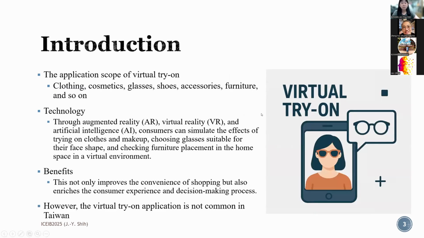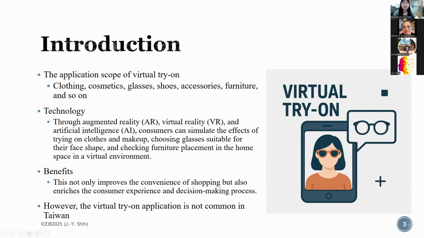And nowadays, we know that the application scope of virtual try-ons covers clothing, cosmetics, glasses, shoes, accessories, furniture, and so on. So its application scope is very wide. And how can we do that? It is based on the technology, including AR, augmented reality, virtual reality, and artificial intelligence.